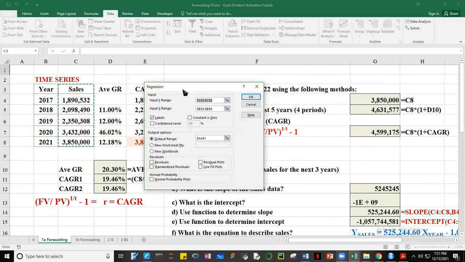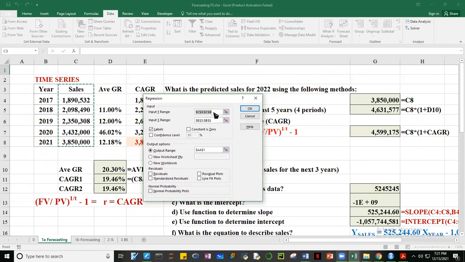First, Y range natin. So our Y range, guys, is yung sales natin. So take note, I'm including the label. It's good to include labels para yung output natin, may pangalan talaga yung variable na yan. Kasi anyway, we have here the option to click yung labels, and automatically Excel will choose the label for that variable.